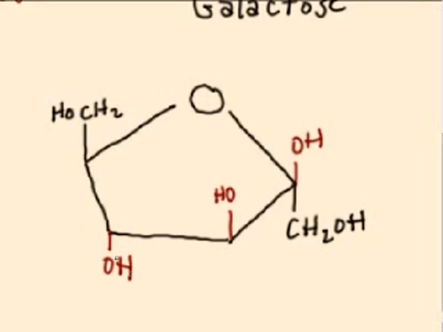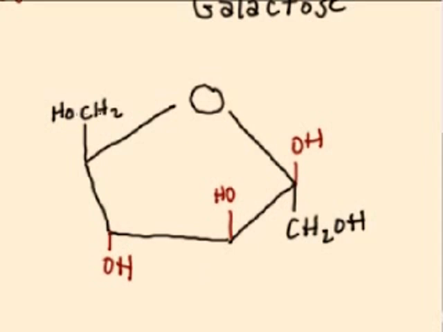And so that gives us our 3 lone hydroxyl groups. And so as you can see from this sugar, we have 6 carbons, 12 hydrogens, and 6 oxygens.